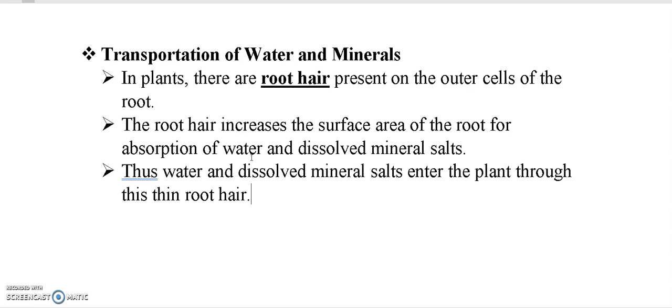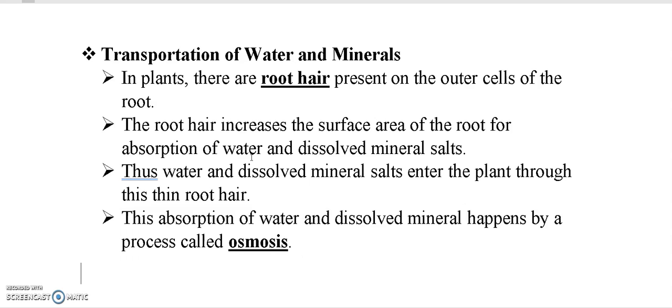This movement of water and dissolved mineral salts in plants happens with one process, and that process is called osmosis.